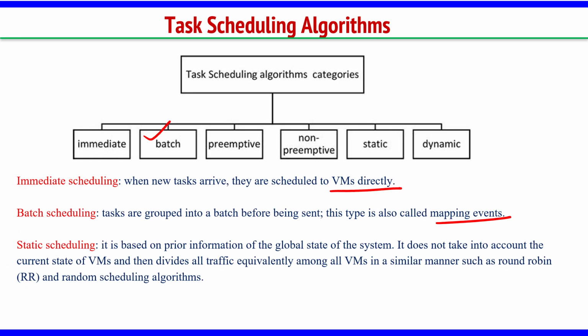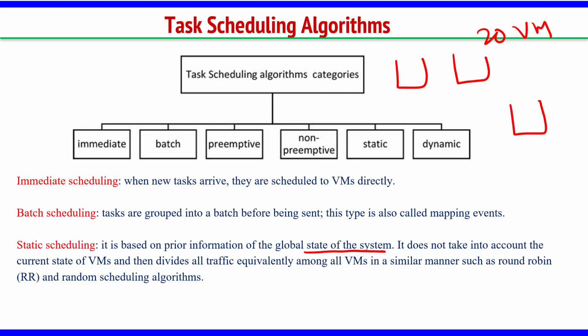Then we have static and dynamic. In static scheduling, it is based on prior information of the global state of the system. It does not take into account the current state of virtual machines. Let us say I have already allocated some 20 virtual machines and the load on the server is already increasing. When a new request comes, if I by default allocate one more, that is static scheduling.